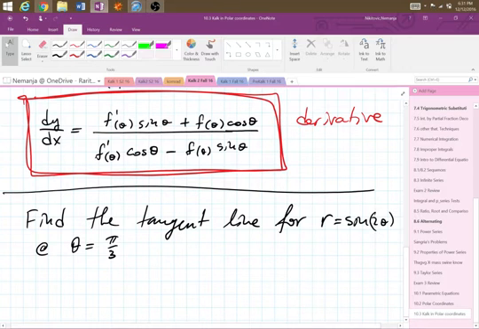Remember y equals f of x? You better remember that after 4 courses. So y equals f of x, r equals f of theta. Same thing. So this is your r, this is your r prime. Plug them there. In your case, sine 2 theta. Take the derivatives with respect to theta.